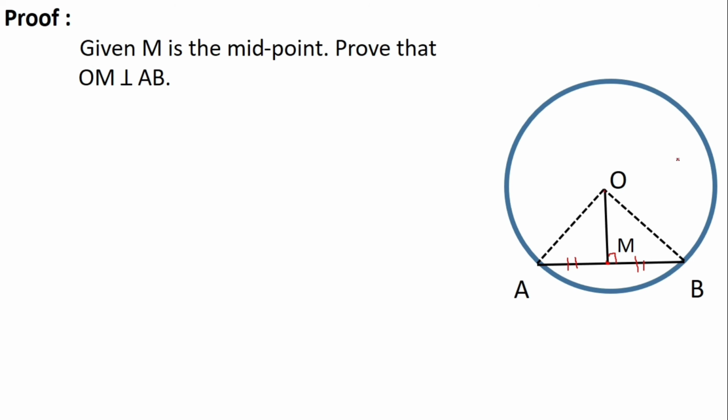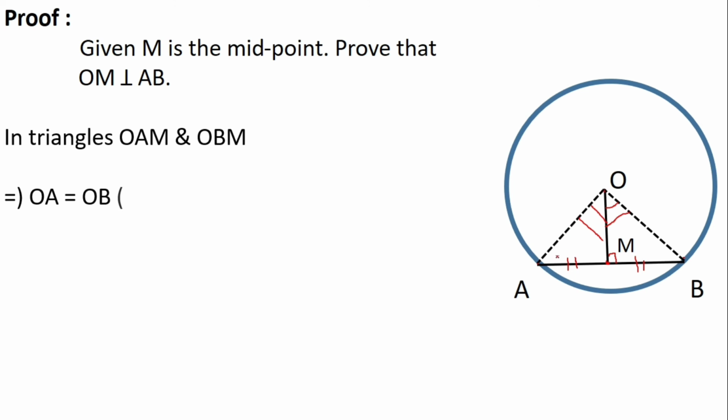To prove this, I have constructed two line segments joining the endpoints of the chord to the center, which are marked with the dotted lines. Now if you carefully see, we have two triangles, triangle AOM and triangle BOM, which is this one. In triangle AOM and triangle BOM, the very first thing I can say is the side OA will be equal to the side OB.